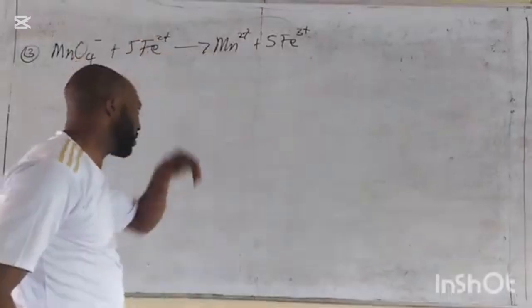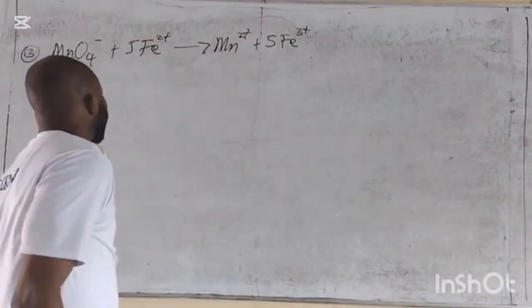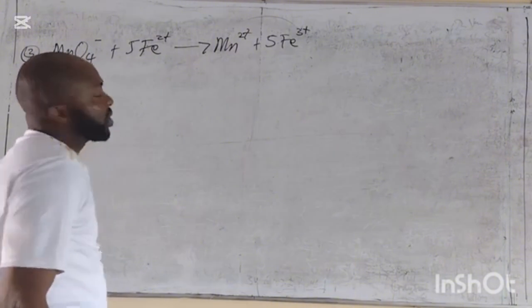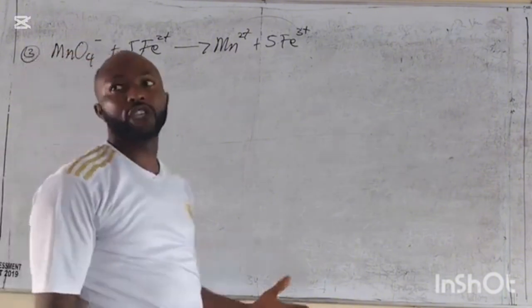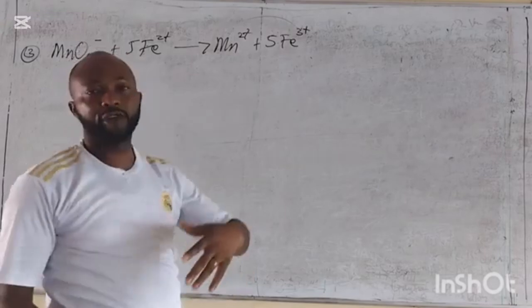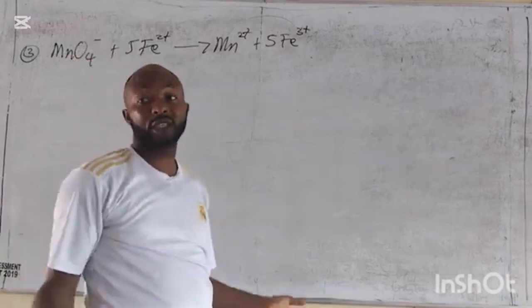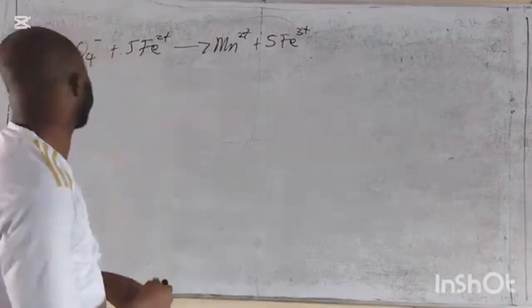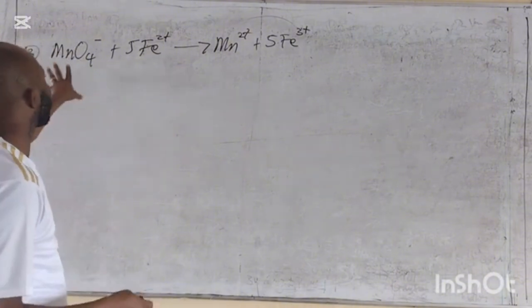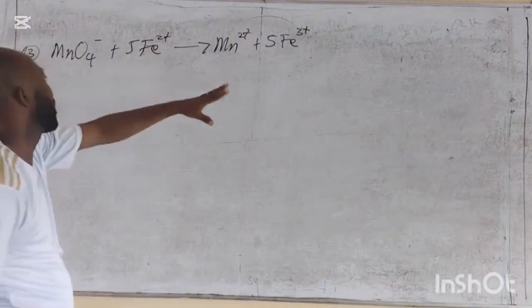Now this equation here looks a little different, in that they've gotten the oxidation number, and after the oxidation number, they've done the cross multiplication, so we just proceed, which is going to be faster for us. So now, having done that, the only thing left for us is to balance for oxygen and hydrogen.